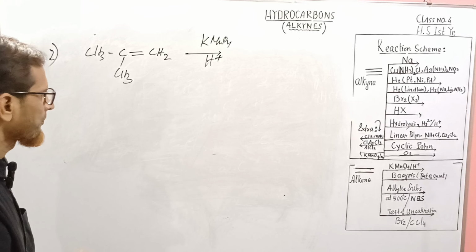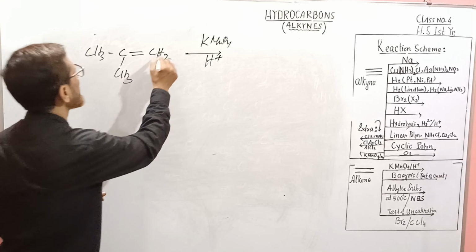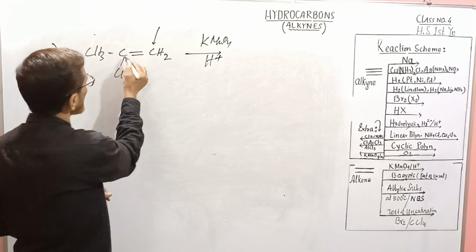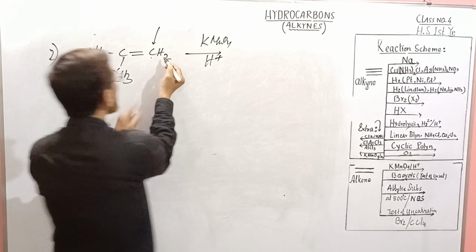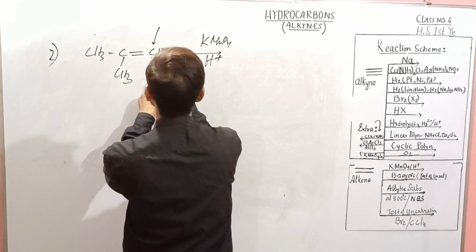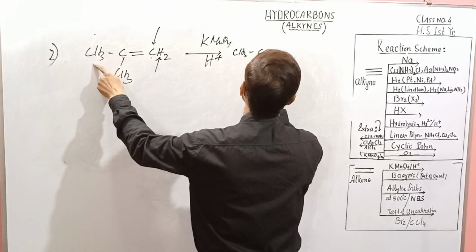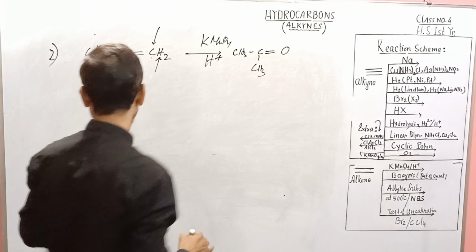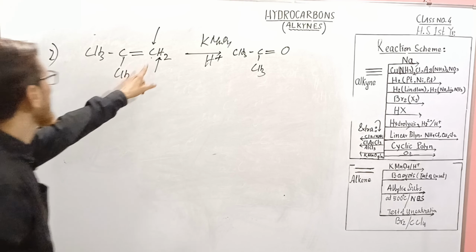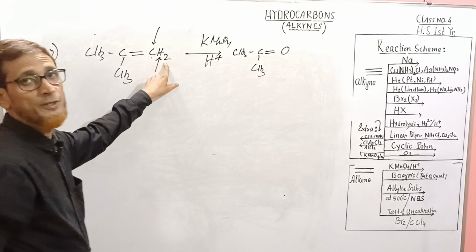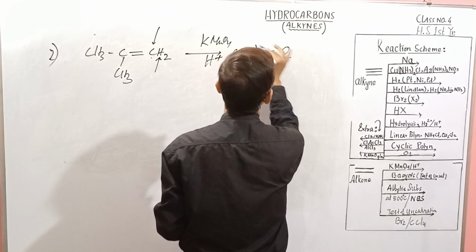As I have already told you, if the terminal carbon contains two CH3 groups and the number of hydrogens is 2, then oxidation occurs in a very simple way. For your understanding, that becomes a ketone.